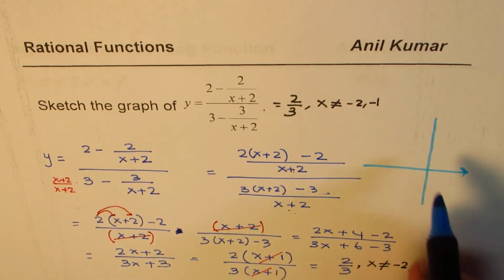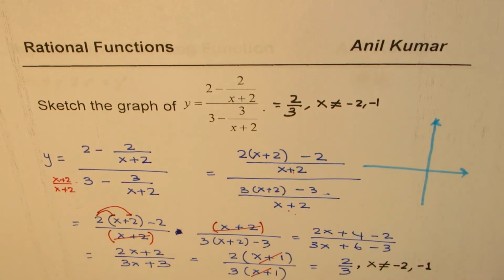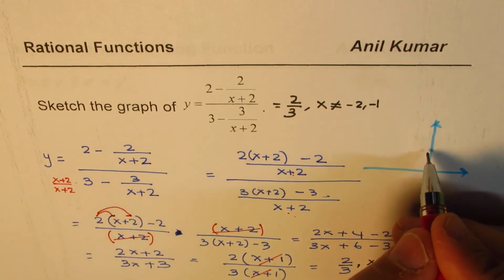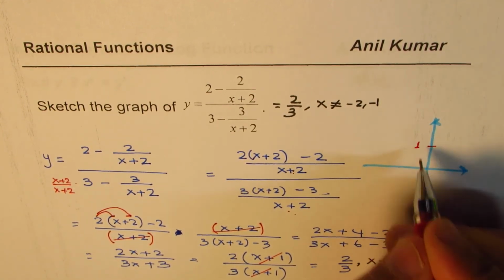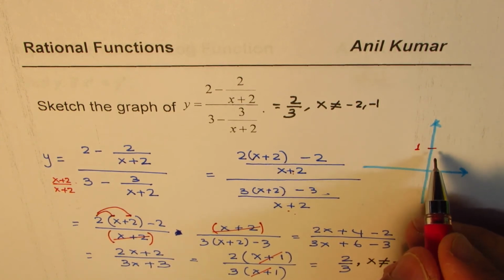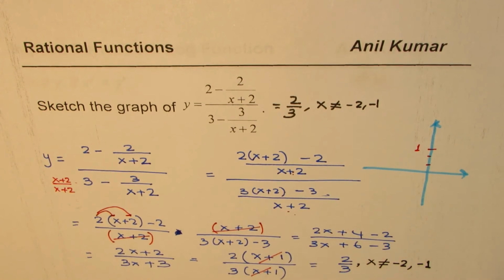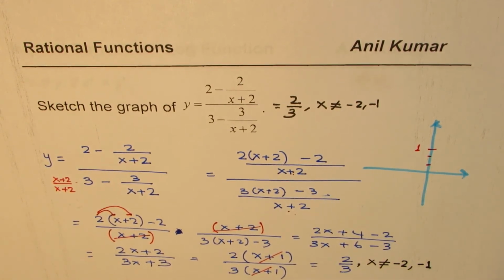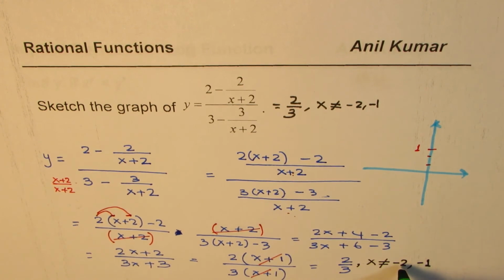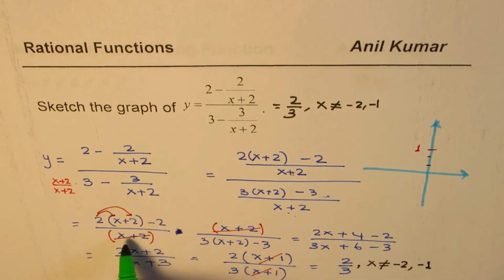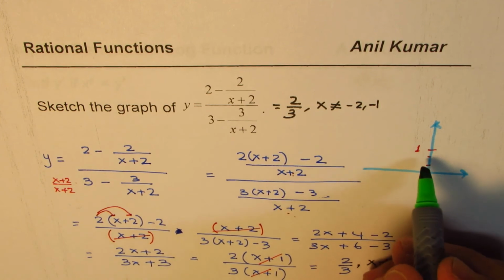So this is a rough sketch. Let us say this is our scale. This is 1 here. So we can divide this in 3 portions. So that becomes 2 over 3, right? So if you sketch, you need to remember that at minus 1 and minus 2, we are expecting a hole because of this common factor getting cancelled.